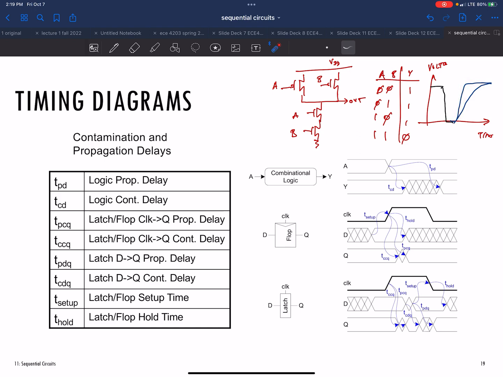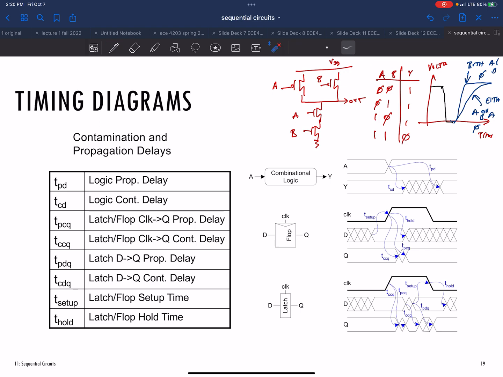And when only A or B is 0, so only one of them turns on, I basically pull this guy up at sort of half the speed, is one way to look at it. So this is both A and B are 0, and this is either A or B are 0.